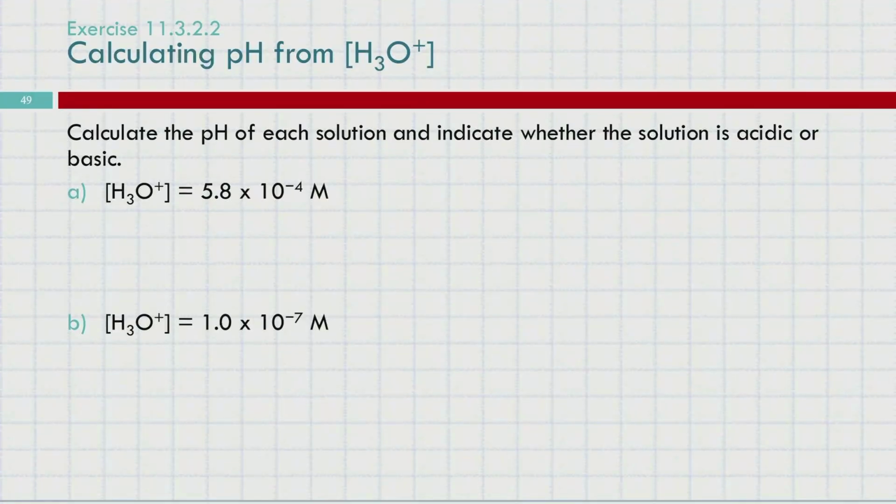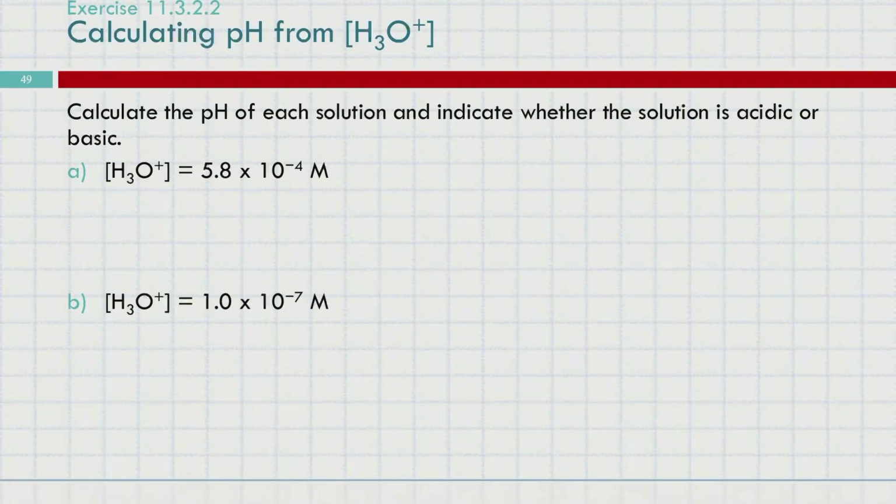We're going to use that equation that we saw earlier: pH equals negative log of H3O plus. We could also put just H plus in there. We're going to use that equation to find the pH of these solutions and also indicate whether it's acidic or basic or neutral.